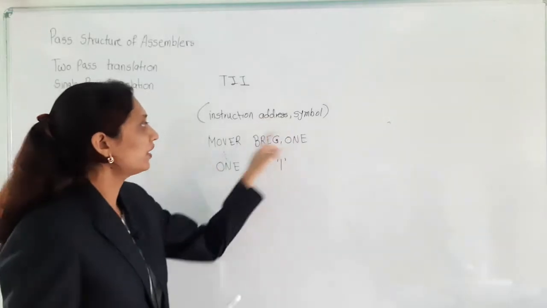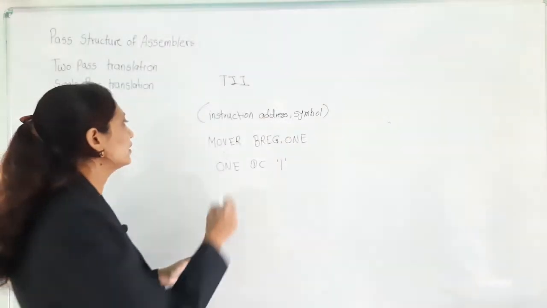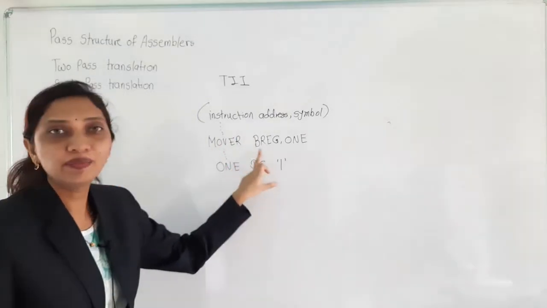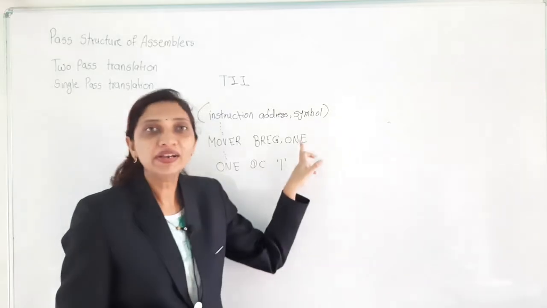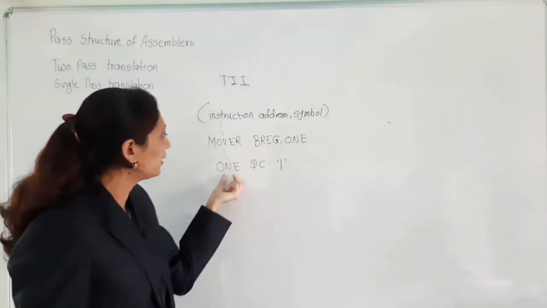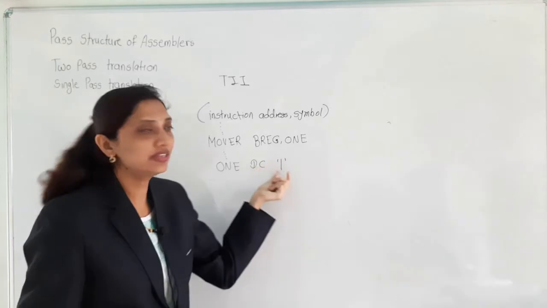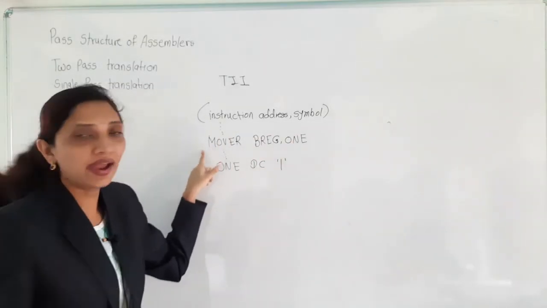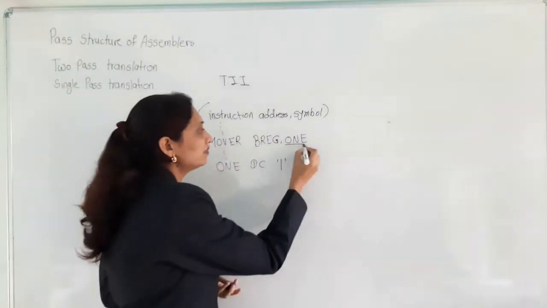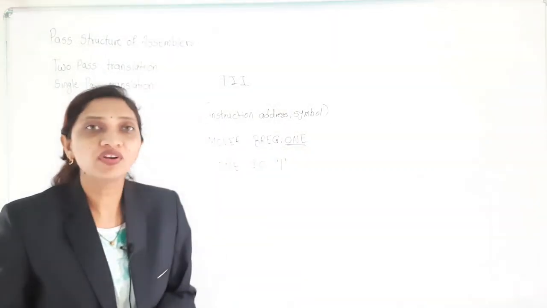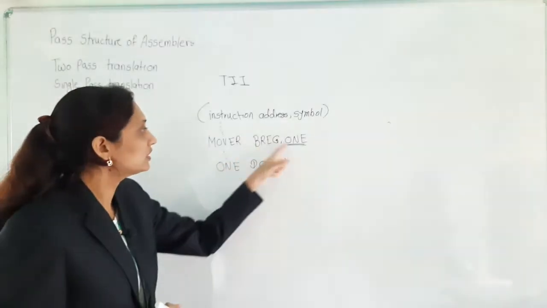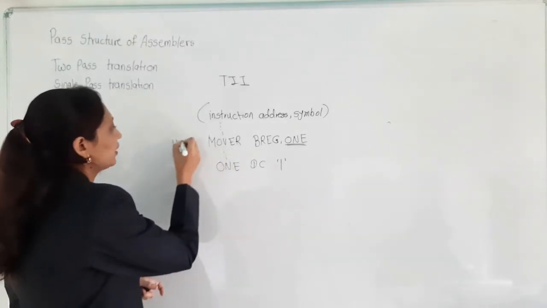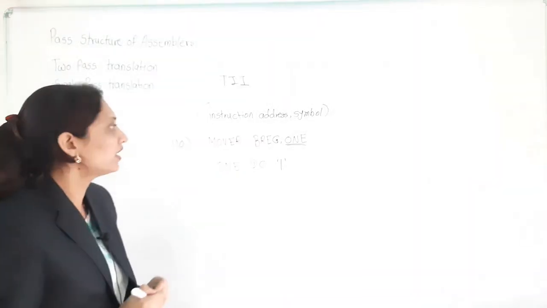Example of forward referencing. Suppose your assembly program contains a statement MOVER BREG, ONE. But this symbol ONE is defined later as ONE DC 1. So when this statement is executed, the symbol ONE is known as a forward referencing symbol because its definition occurs later. Consider that this instruction is located at address 110.